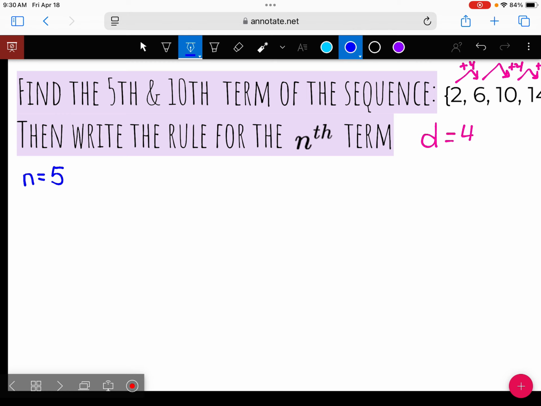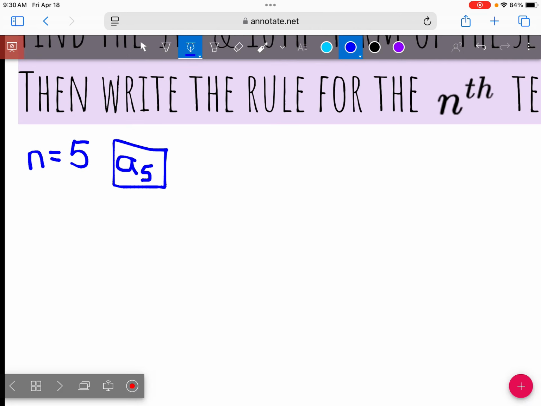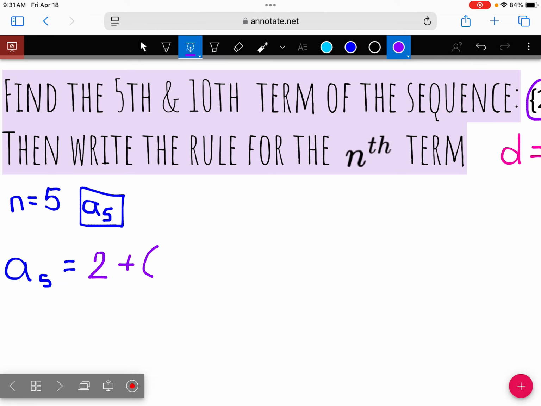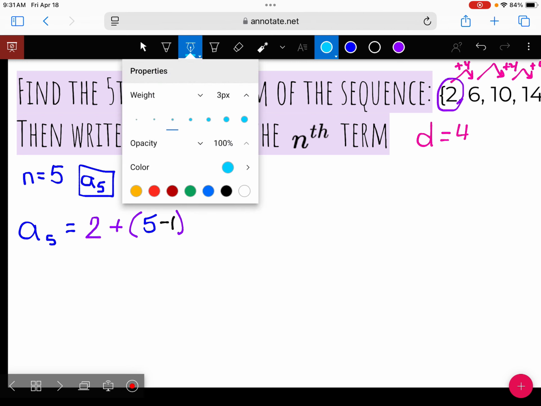So we're going to find n equals 5 so that we find our a sub 5. That's going to be our first goal. If we want to get the value of a sub 5, we can take our first term, our a sub 1, and use that. 2 plus our n, which is 5, minus 1, times our common difference of 4.